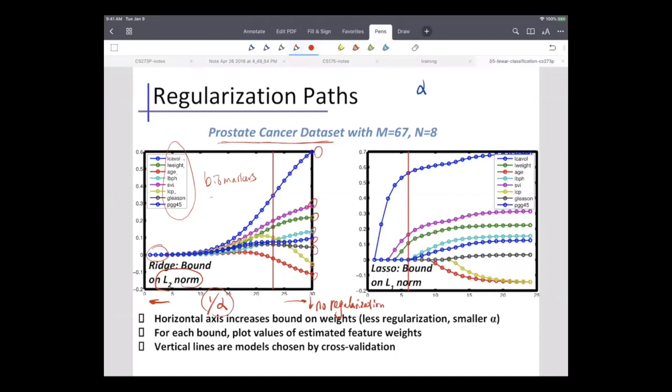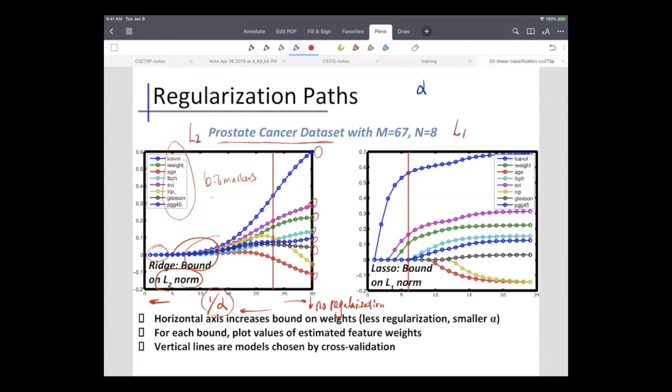Now, if you increase this regularization parameter from right to left here, it forces you to make the parameters smaller and smaller, and to a certain extent, make all of them zero. Essentially, because you have imposed a very strong penalty on the magnitude of these parameters, as a result, you will make them small. So this is L2-based regularization.